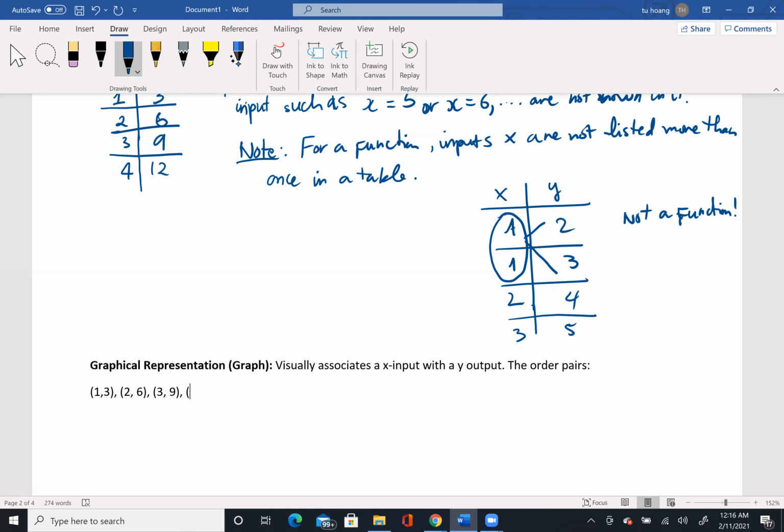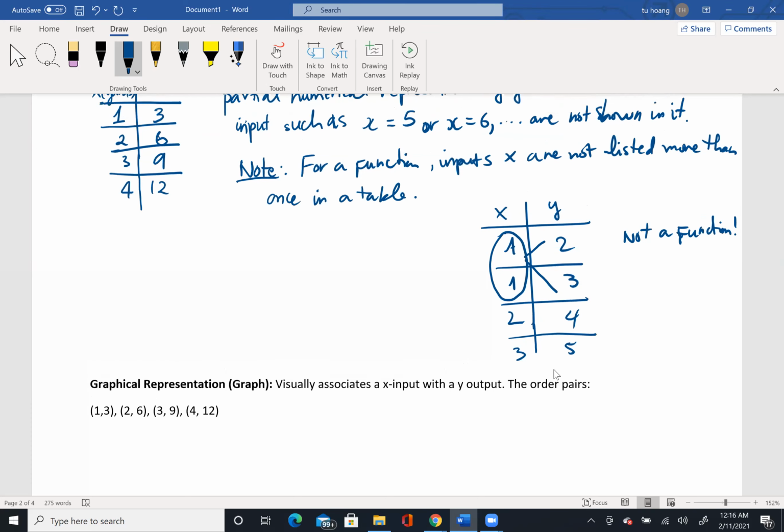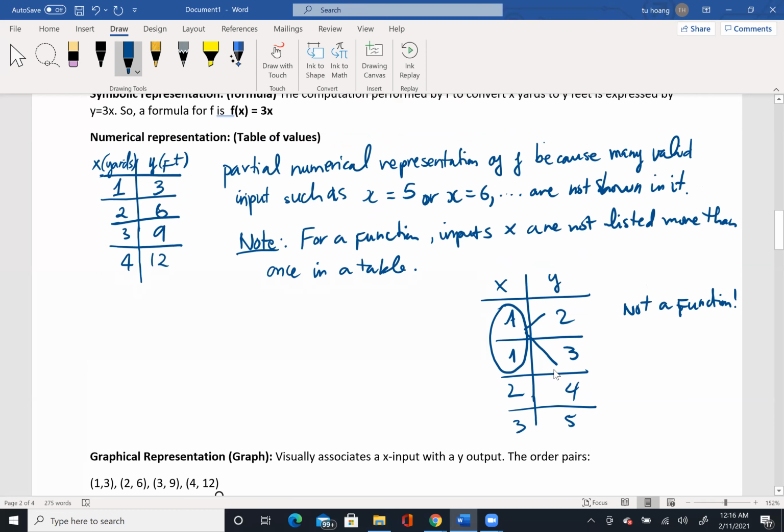I have 4 and 12, right? So according to this, I have 1 and 3 here, 2 and 6 here, 3 and 9 here, and 4 and 12 here, right? Okay.